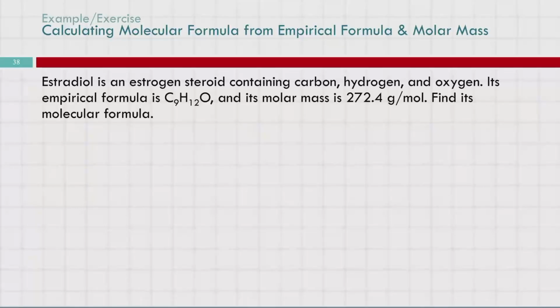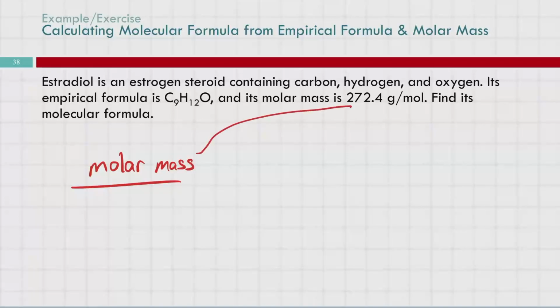Okay, so we are calculating, hopefully, a molecular formula. So we have to find our molar mass for our empirical formula. We need to figure out how many empirical formulas it takes to get this molar mass, this 272.4 grams per mole. That's basically the calculation we're doing. So our formula is molar mass on top, that's the 272.4 grams per mole, and the molar mass of the empirical formula on the bottom.